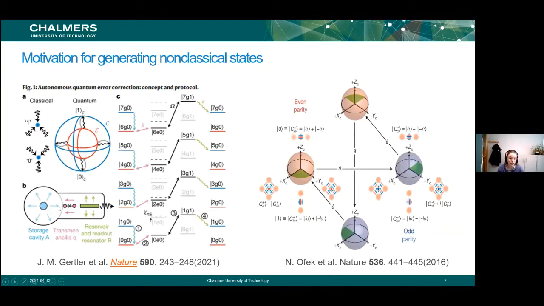First you have this long-lived storage mode, and then you have this dominant source of error, which is single photon loss. And on top of that, you have freedom to encode your state. So if you choose that wisely, that helps you a lot. It's somehow hardware efficient. And here you can see these cat codes, and in this case as well, it's almost a cat that's encoded, but you are in principle free to choose whichever code you like.